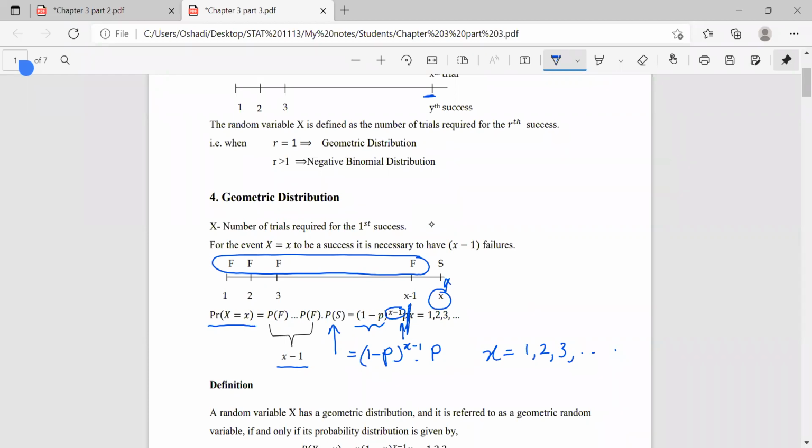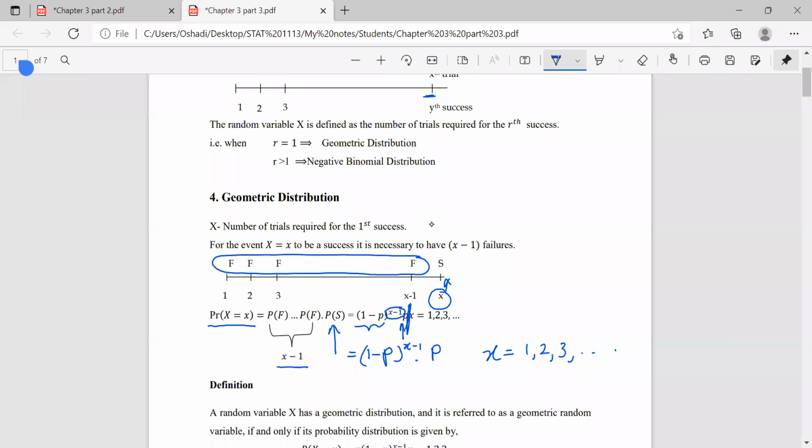So here we are finding how many trials we require to obtain the first success. It could be 1: at the first time, it could be a success. Then first time failure, second time success. And first time failure, second time failure, third time success.